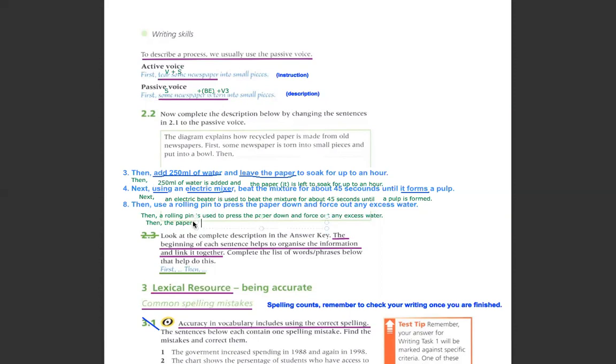So the paper is, what comes next? Okay, so the paper is pressed down, but we still need to include the information about the rolling pin.